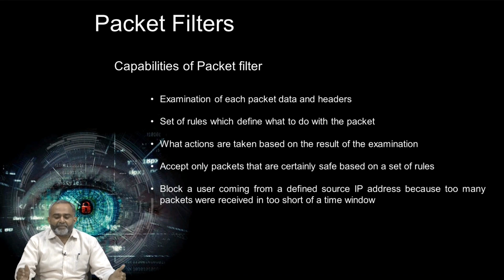At that time, the firewall can identify this kind of machine, and it can block this kind of user or this kind of node from the network. So, after that, this kind of blocked machine cannot send traffic, or it cannot initiate communication.